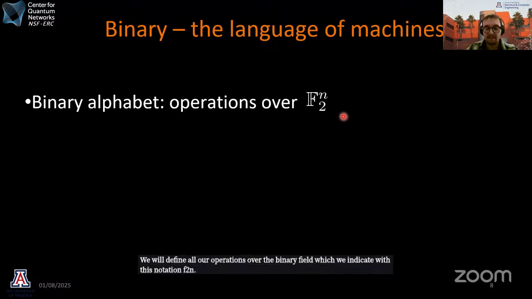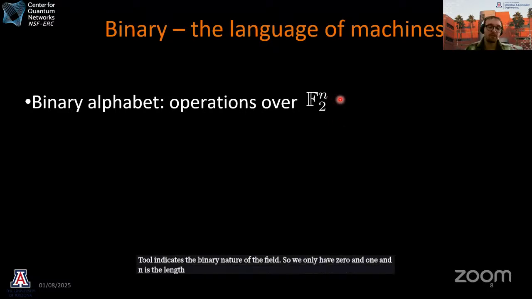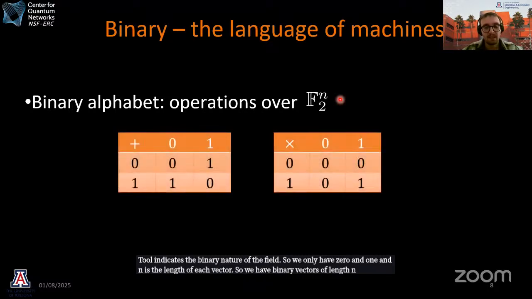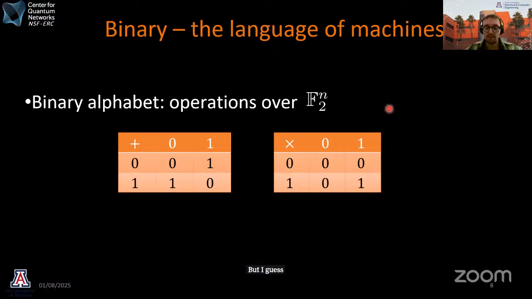The 2 indicates the binary nature of the field, so we only have 0 and 1, and n is the length of each vector. So we have binary vectors of length n. And operations between these vectors or between binary numbers are defined by these two tables.